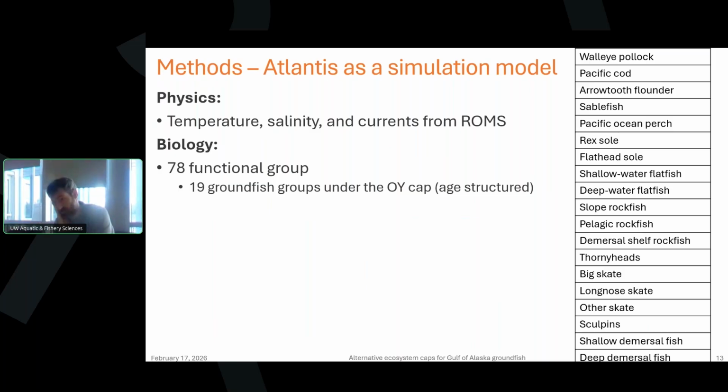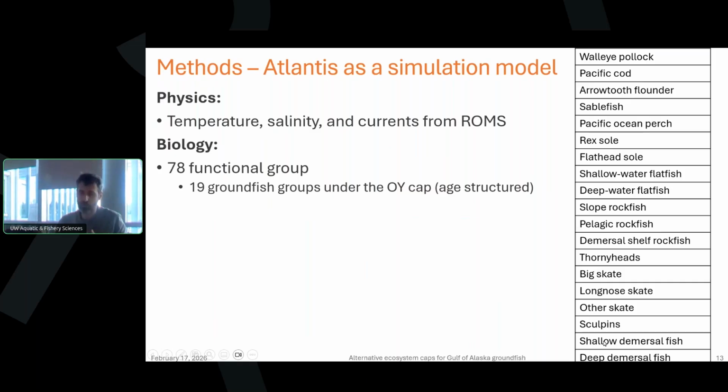There's the usual suspects up at the top, so pollock, cod. You'll note that some of these are single species groups, and some of them are complexes, like the rockfishes. What else? Towards the bottom, the demersal fish.